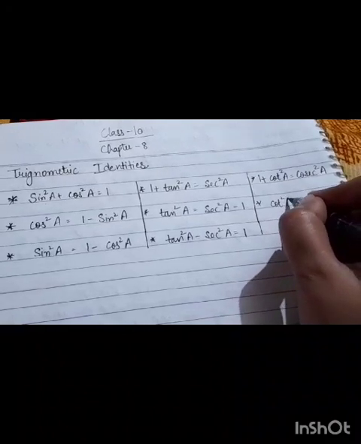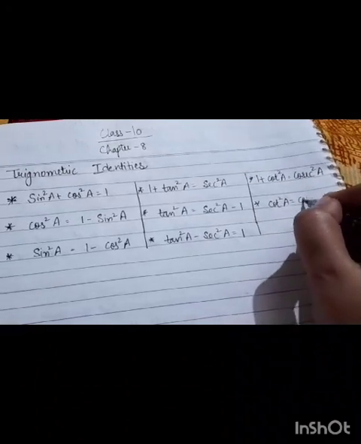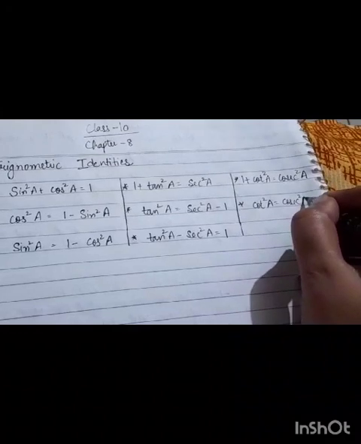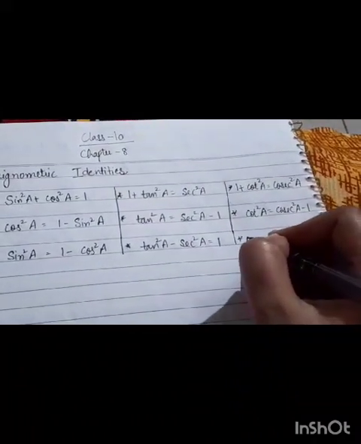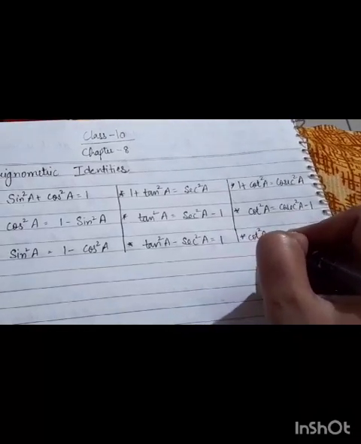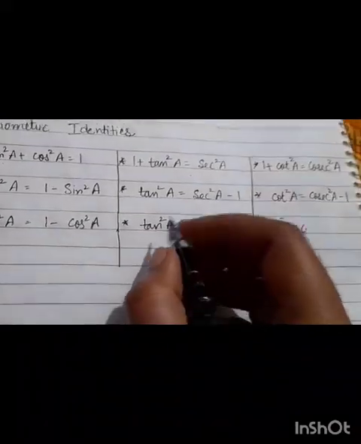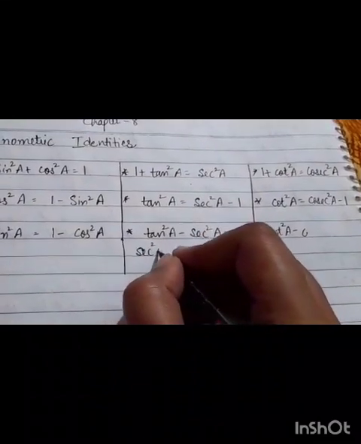Cot square A is equal to cosecant square A minus 1. Similarly, secant square A minus tan square A is 1.